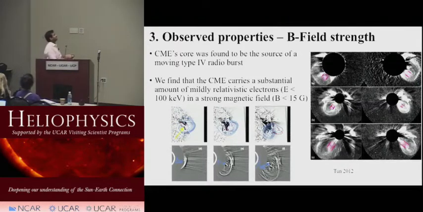But here, he's looked at radio data and the type 4 moving radio burst, and he tried to estimate the magnetic field strength in the core of the CME itself, which is different to many other strategies that look at the magnetic field at slightly different areas of the CME. This is the first that I found trying to find the actual CME magnetic field in the core itself.